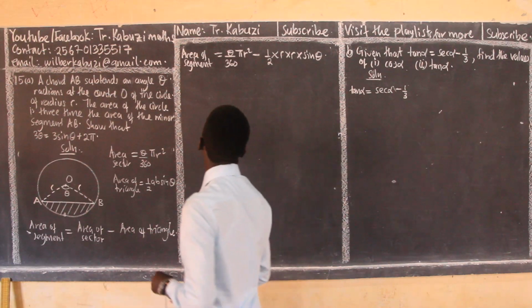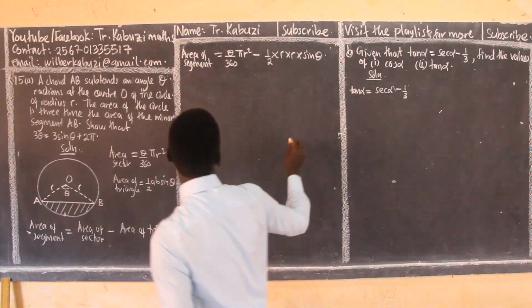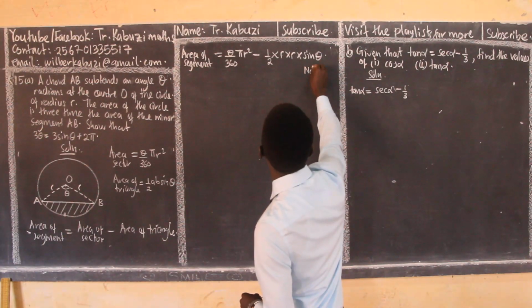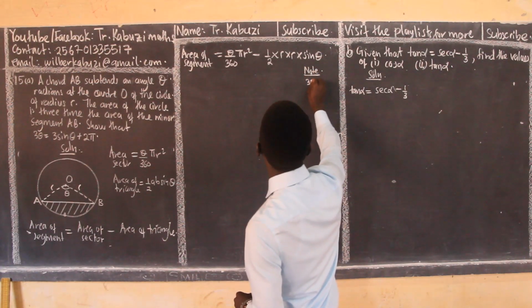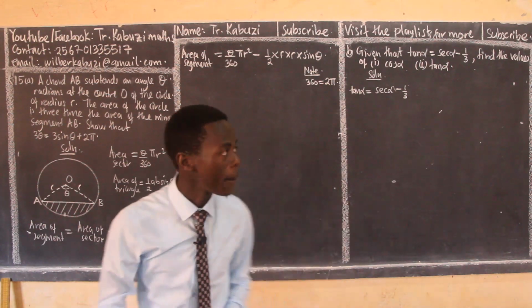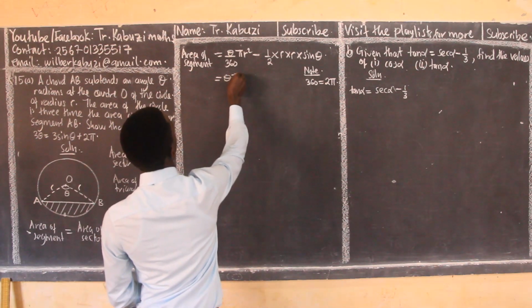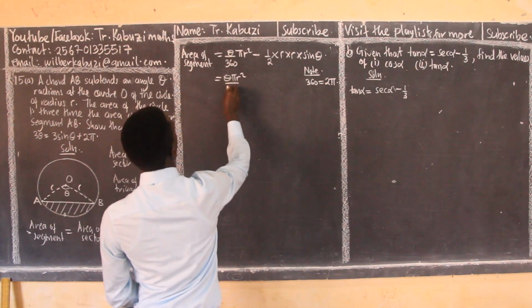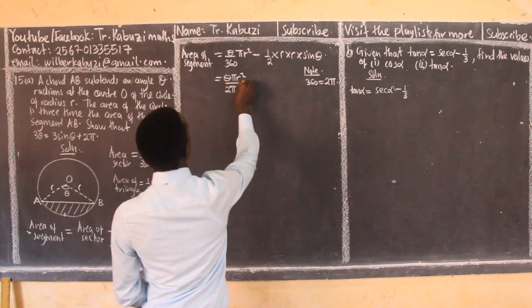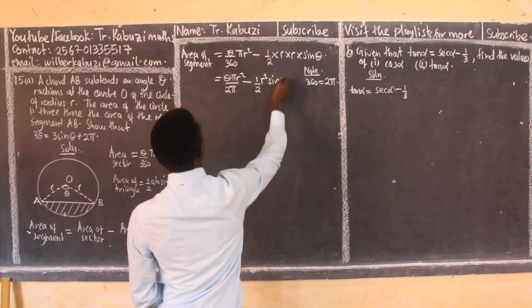But what do we note? We note that 360 degrees is the same as 2 pi. So if I substitute there, I have theta pi r squared over 2 pi minus a half r squared sine theta.